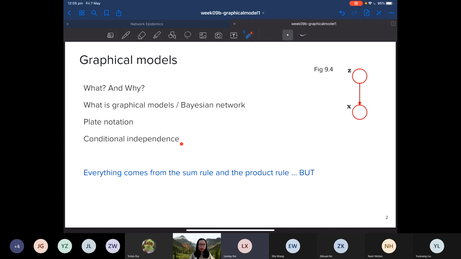And also we talk about how to reason about conditional independence through D-separation. So this, needless to say, will directly help your assignment 2 if you haven't got started on question 1. You can say that everything comes from the sum rule and the product rule, but yes, elevating our representation and using graphs has its advantages.